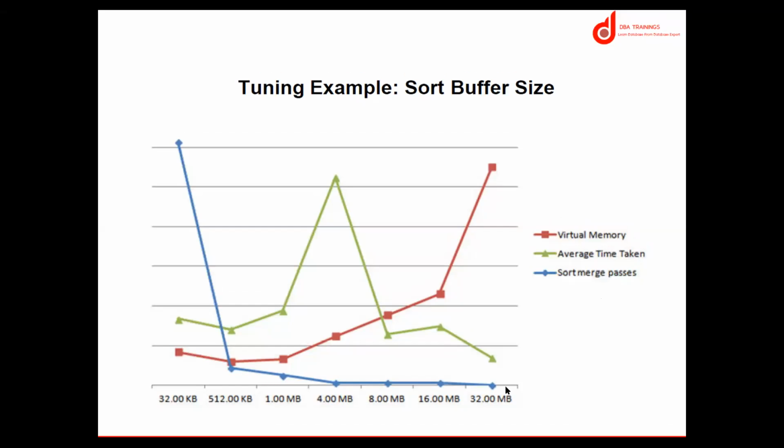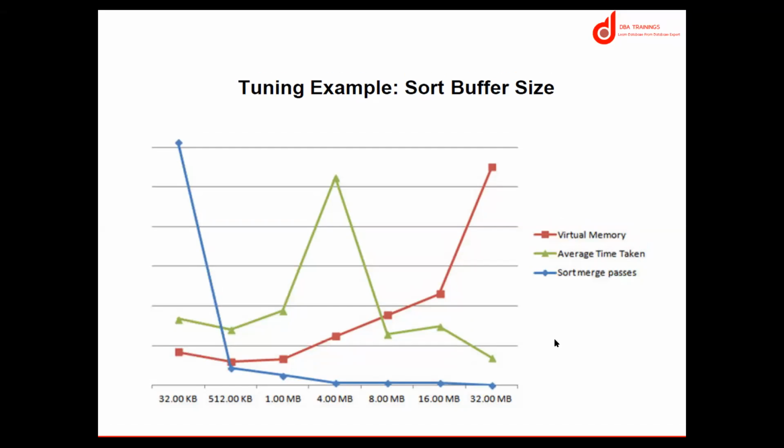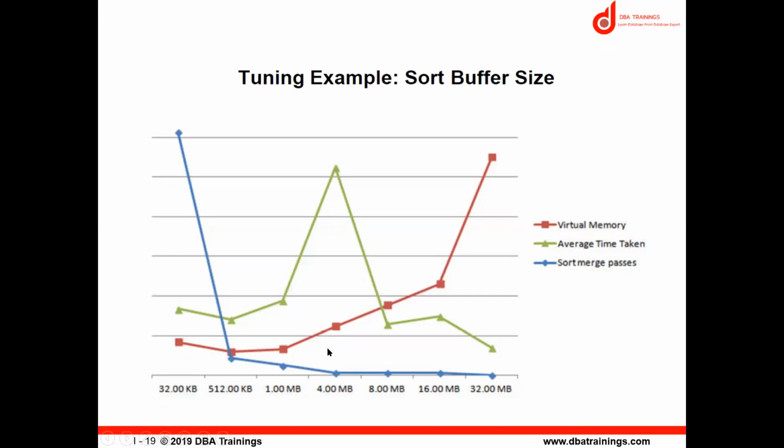Similarly, in my other example, the average time taken or the virtual memory, depending on the workload, sort buffer size 512 KB. If I give it just 4 MB or 8 MB, how much better performance can we get? With 4 MB, this is the performance.